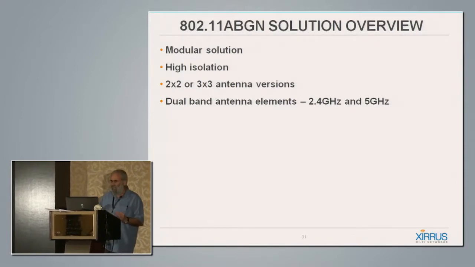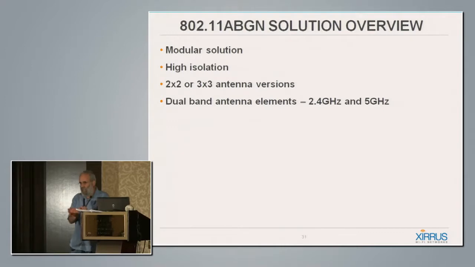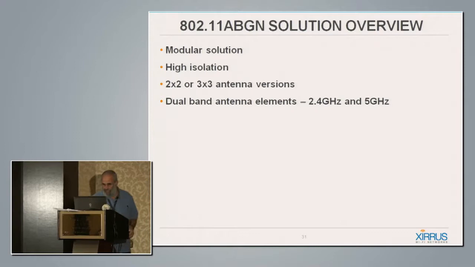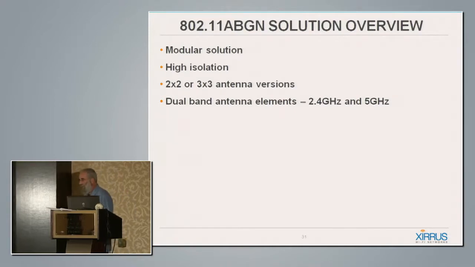And it doesn't matter if you go to the extreme case of 16 ports, the isolation where they are within 1/10 of an inch from each other, they still maintain 40 dB isolation at 5 gigahertz. And all those cards are always dual band, so it enables the radio to switch bands from 2.4 to 5 or vice versa on the fly.